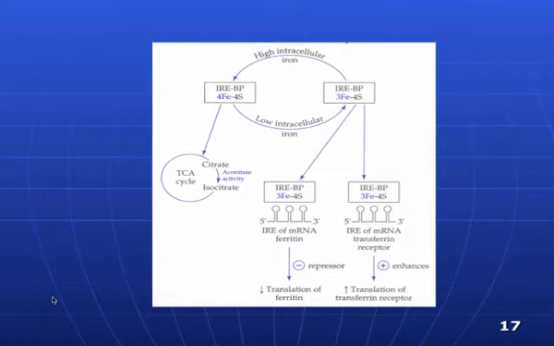So a better name for this one would be what? Aconitase. It functions as Aconitase, and in the Krebs cycle, that enzyme converts citrate to isocitrate. So in low iron, Krebs cycle activity can go down because this protein is now IRE-BP. It's not functioning as Aconitase.